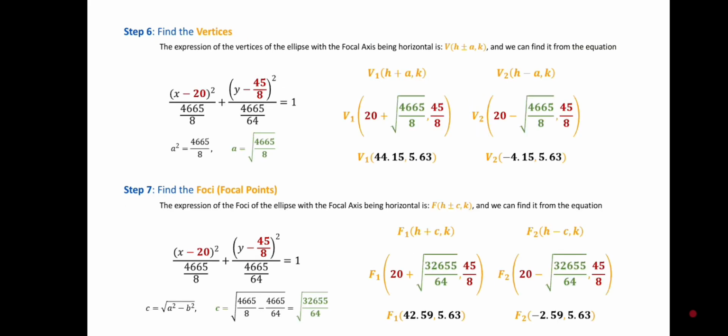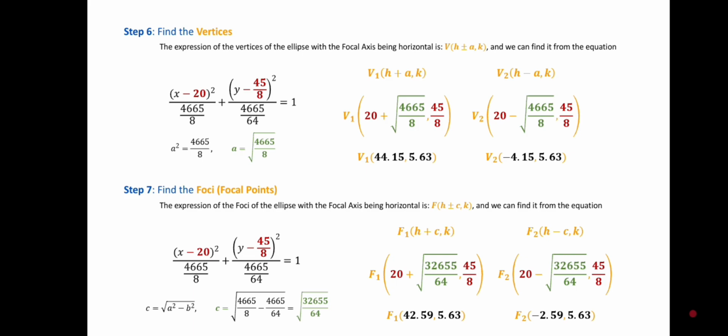Step 6. Find the vertices. The expression of the vertices of the ellipse with the focal axis being horizontal is h plus and minus a, k, and we can find it from the same equation. So we know that a squared is 4665 divided by 8, so a will be just the square root of this same number.